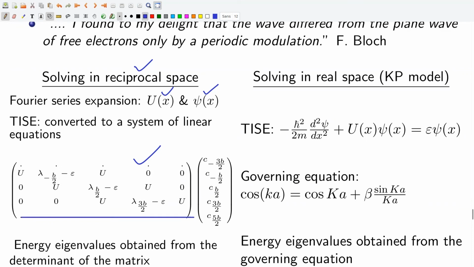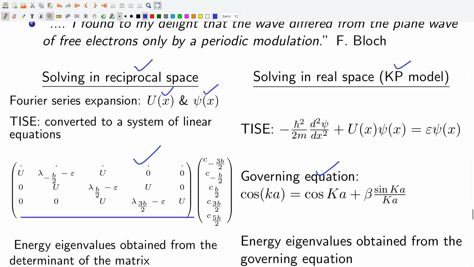In the second method, we solve the time-independent Schrodinger equation in real space using the Kronig-Penney model. It is assumed that a potential barrier exists at every lattice point. We derive a governing equation by matching the wave function and its first derivative at every lattice point.